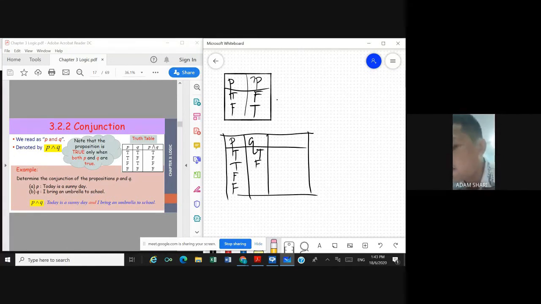So the standard rule of thumb on how to construct your initial column is based on 2 to the power of n, like the formula of power set. This time n is the number of propositions. So for example, on the left one, we have only one proposition. So 2 to the power of 1, you have 2 rows.